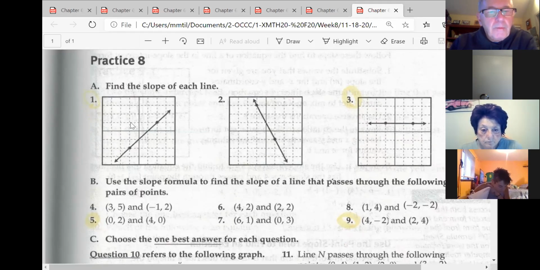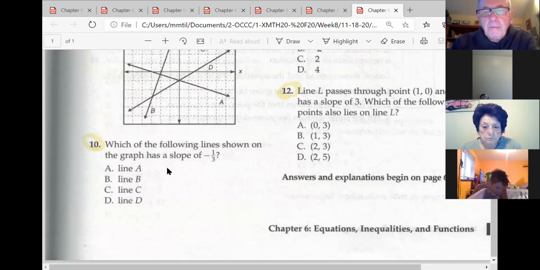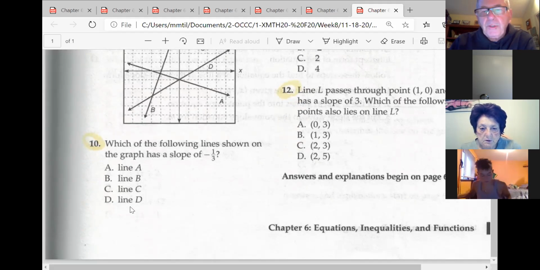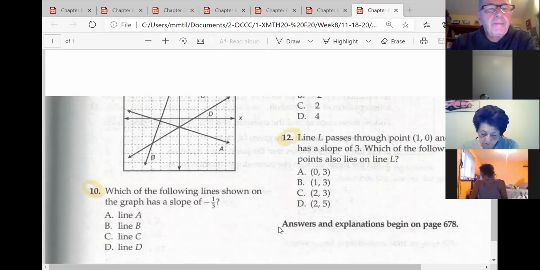I'm looking at A1 on the page. I got the slope is -4. No, not number 1. I'm at the wrong page. I'm at practice 8, A1. It's on page 369.